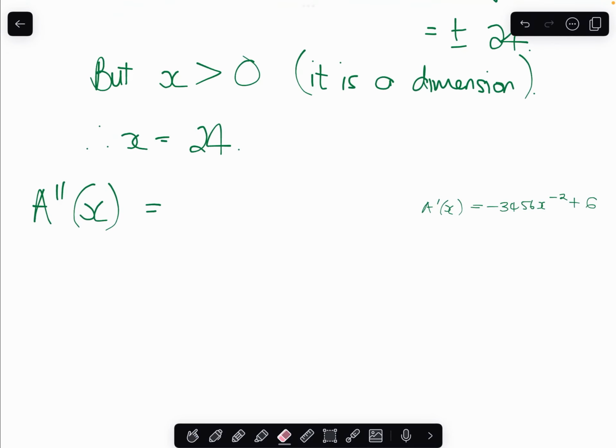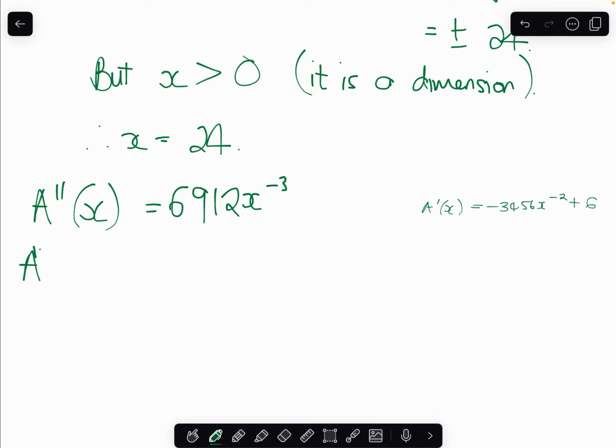Okay, so our A double prime will be positive 6, 8. Oh, not 6, 8. What is 56 plus 56? 56 plus 56 is 112. So it will be 6912 x to the negative 3, and the constant will fall away.